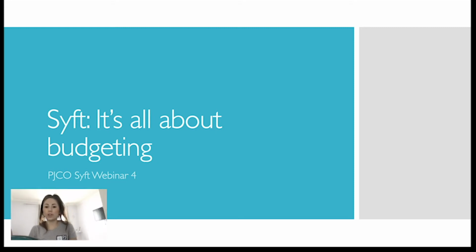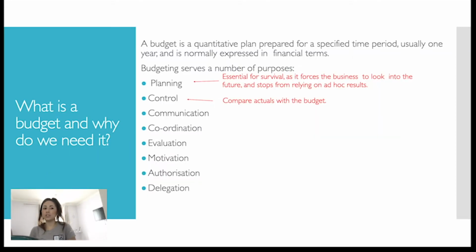So what is a budget and why do we need it? A budget is a quantitative plan which is prepared for a specified period of time. This is typically one financial year. Budgeting serves a number of purposes, such as planning and control. Planning is essential for a business's survival, as it allows management to not rely on ad hoc results, and it also forces them to look into the future.